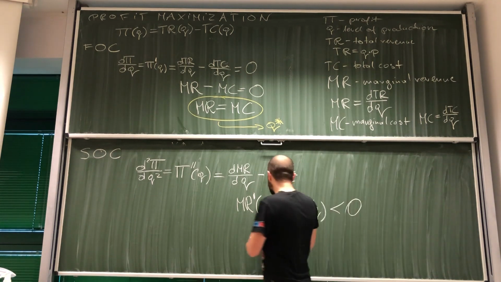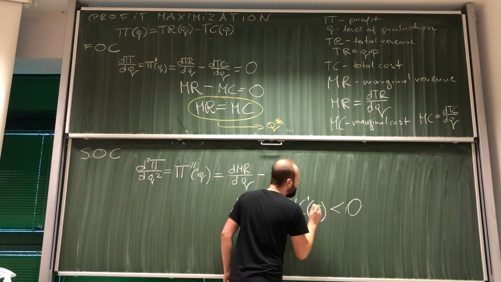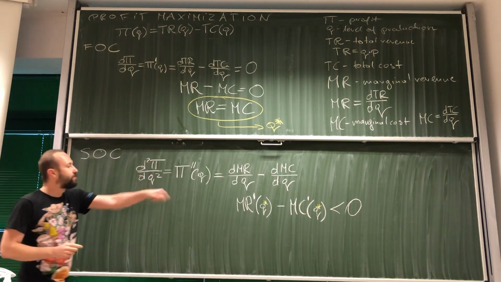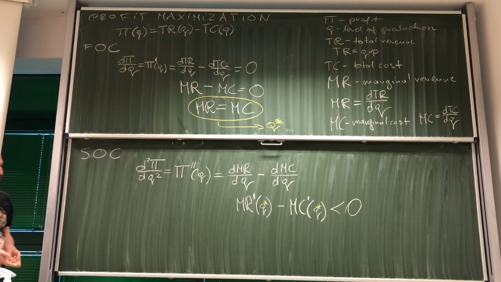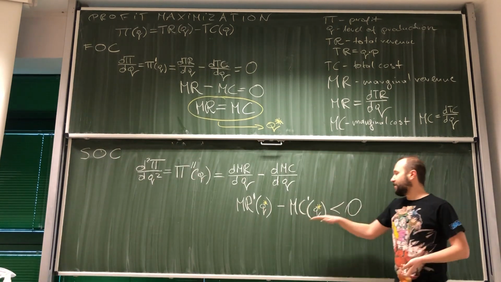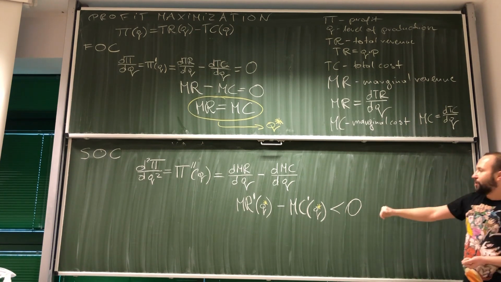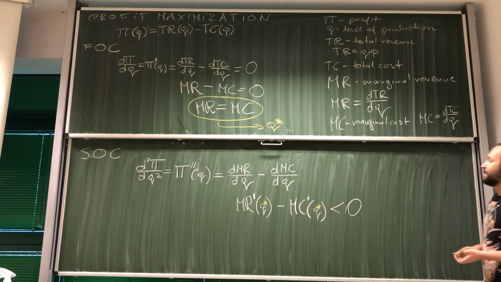So we substitute into this condition every possible q, and we look for the level of production for which this expression is actually negative.